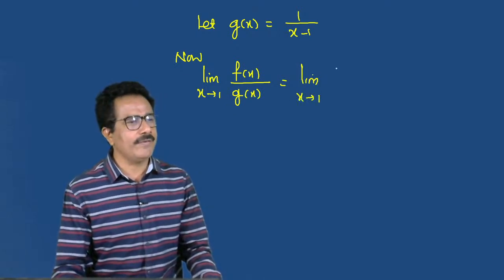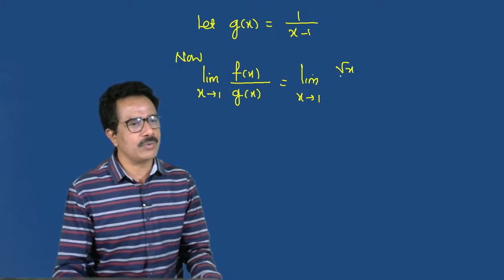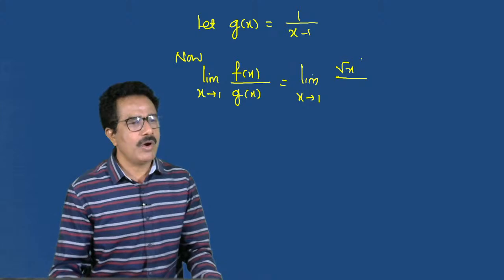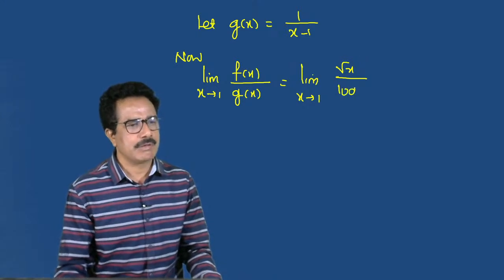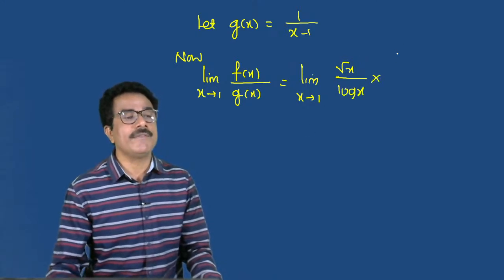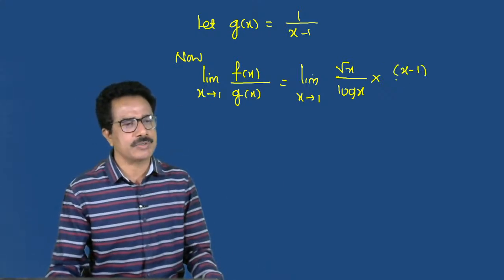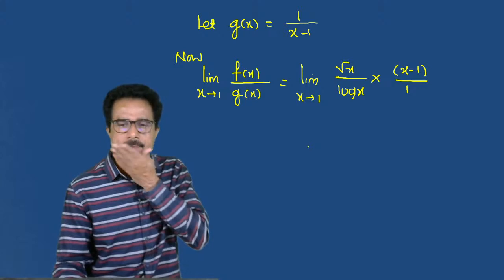Put the value of f of x: f of x means root x divided by log x, into the reciprocal of g of x, that is x minus 1 divided by 1.